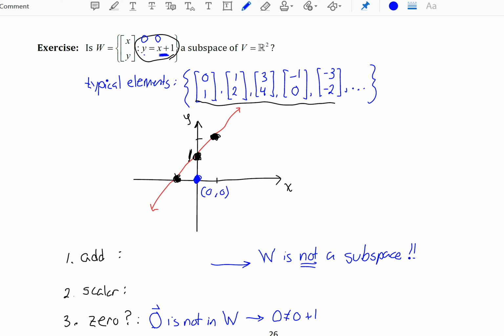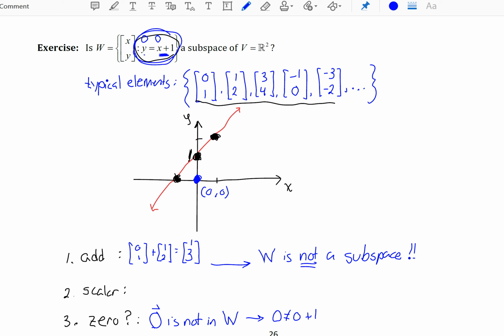Now, I could have verified that addition does not work either. If you take the vector 0, 1 and add it to the vector 1, 2, then what we get back is the vector 1, 3. Notice that 1, 3 would not live on this line, and it does not satisfy this equation.